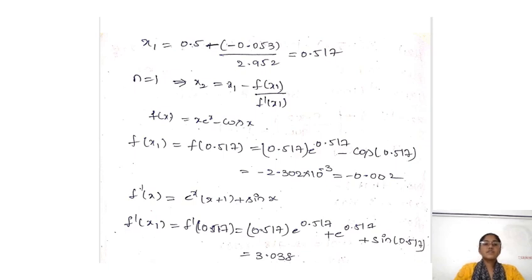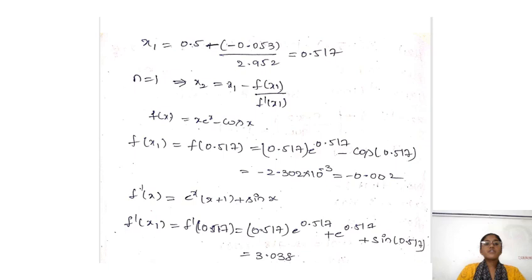We can substitute the values of x e power x and cos x. f of x1 is equal to f of 0.517, which is equal to 0.517 e to the power of 0.517 minus cos 0.517, that implies minus 2.302 into 10 to the power of minus 3, that implies minus 0.002. f dash of x is equal to e power x into x plus 1, plus sin x.